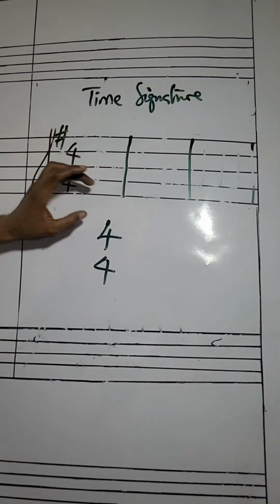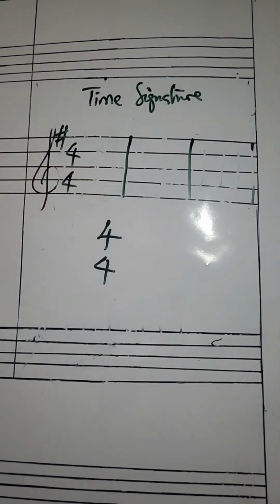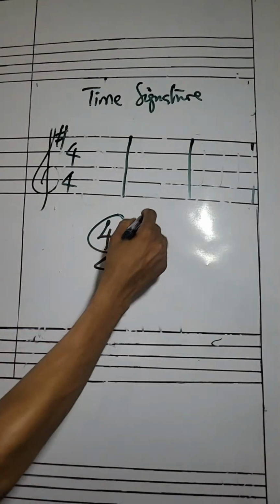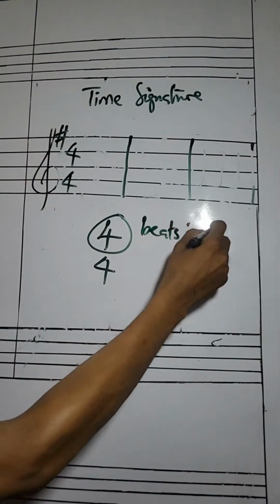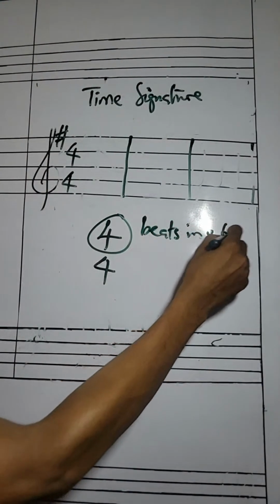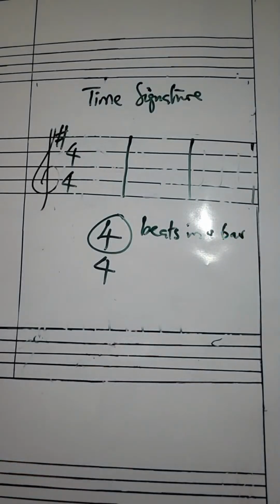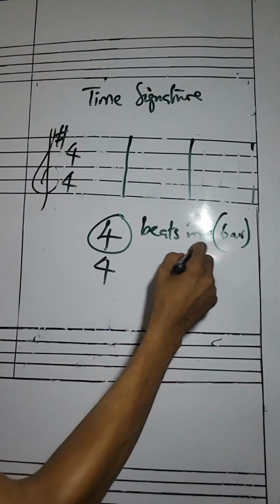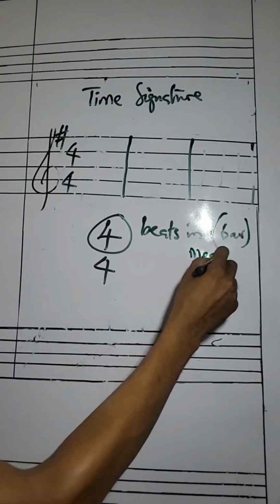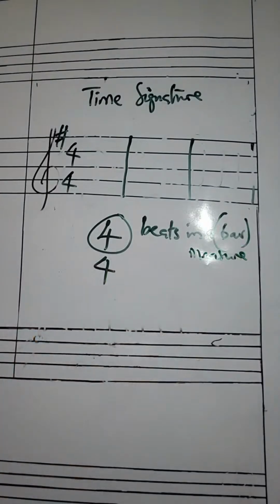So your top number, don't forget, tells us how many beats are in a bar, or you can call it a measure. They are the same thing.